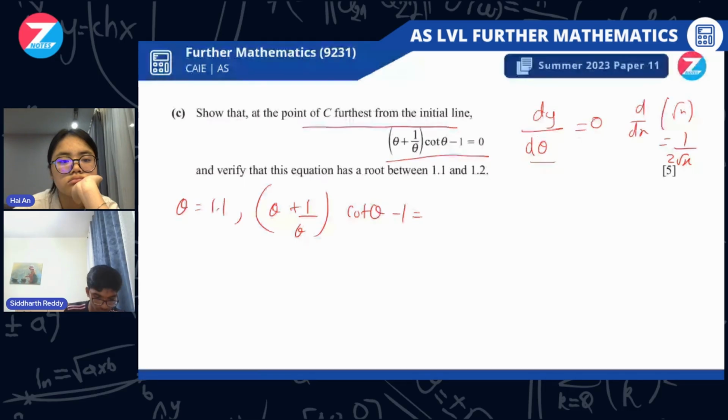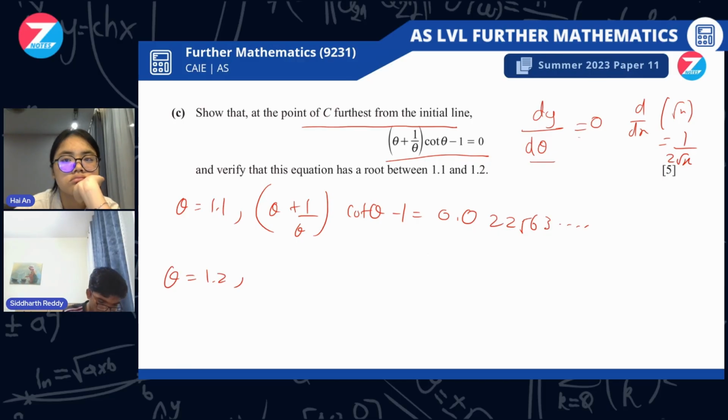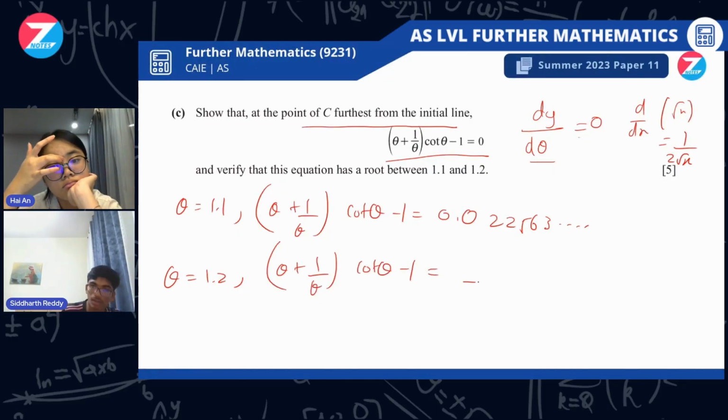Forgot the minus 1. So this is something like 0.022563 and on and on. And for theta equal to 1.2, if we just do the same thing, we get theta plus 1 by theta into cot theta minus 1 is equal to minus 0.209, something like this.